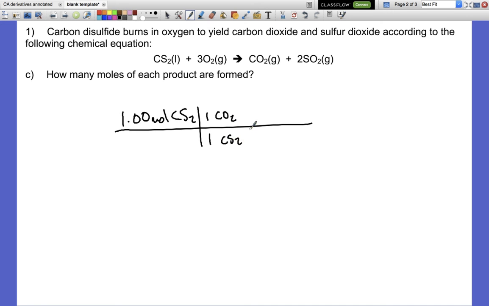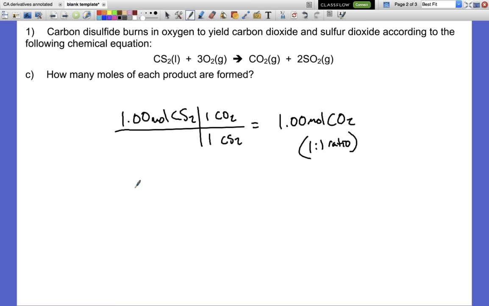That's going to give me an answer of 1 mole of CO2. If you just write that answer down, though, you have to write a 1-to-1 ratio next to it so that I know that's how you came up with that answer.